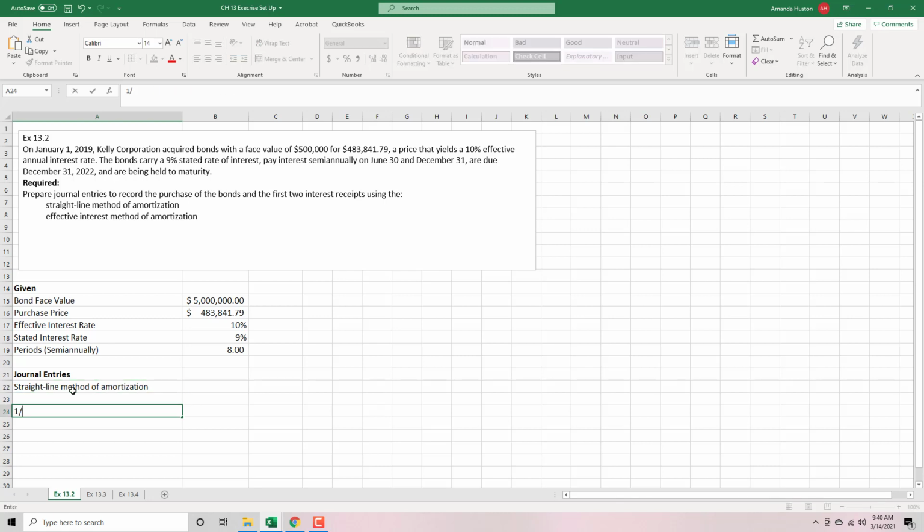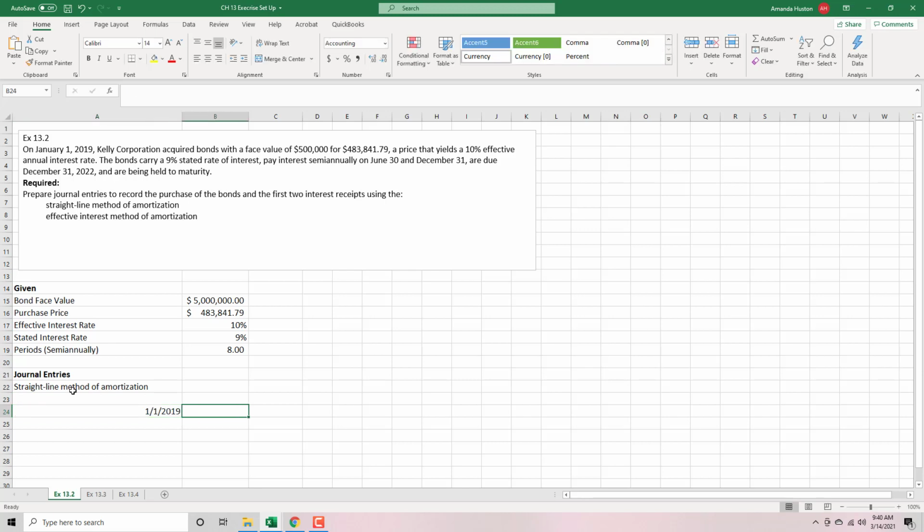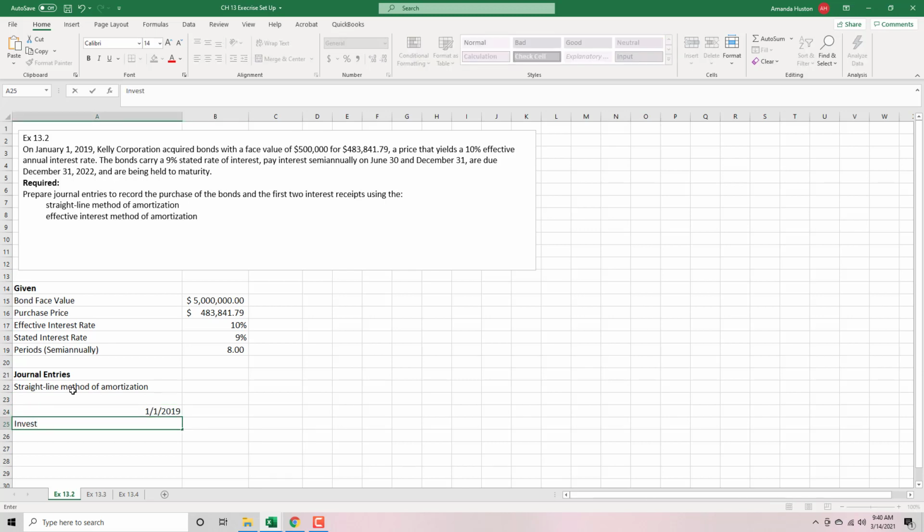So first thing we're going to do is purchase the bond. So it's held to maturity. So investment in held to maturity debt security for the purchase price. And then we're going to credit cash.